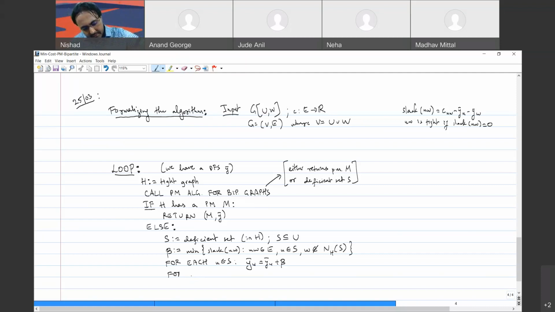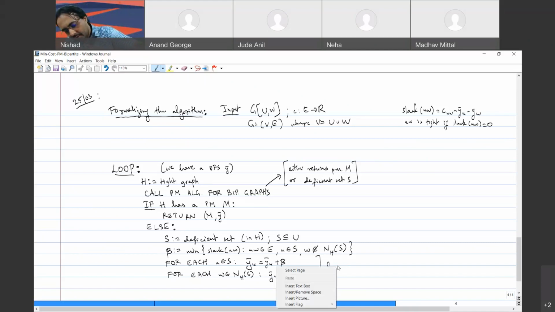And for each vertex W in the neighborhood of S in the graph H, we are subtracting beta. Right? And that's it. We have done the dual update, and now we repeat with the new tight graph. Right? So this step here is the dual update.